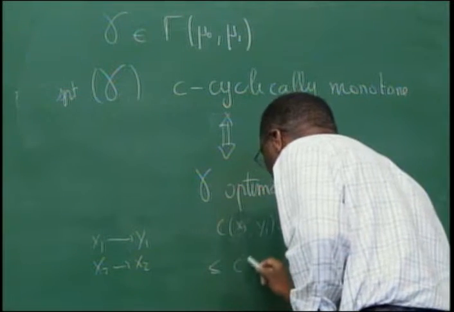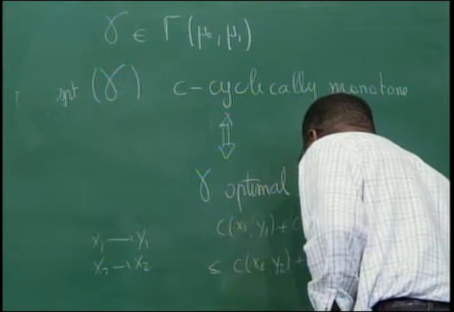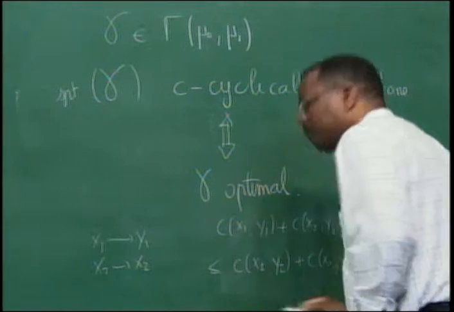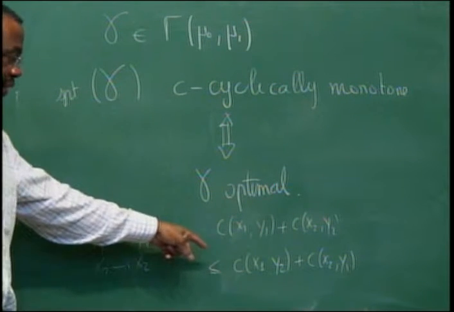That strategy must be necessarily better than sending S1 to Y2 and S2 to Y1. So if my gamma is optimal, that is a necessary condition it must satisfy. If I take (S1, Y1) in the support of gamma, (S2, Y2) in the support of gamma, if I change the order, I should increase the cost.